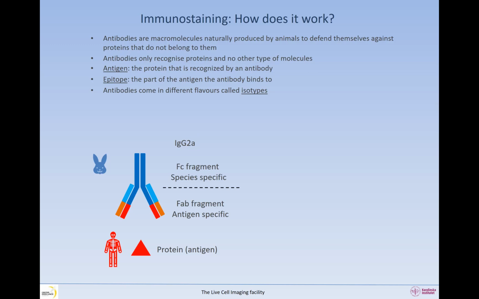To detect the antibodies, we have 2 options. Either direct labeling, and in that case, the FC fragment of the IgG is labeled so it can be detected.